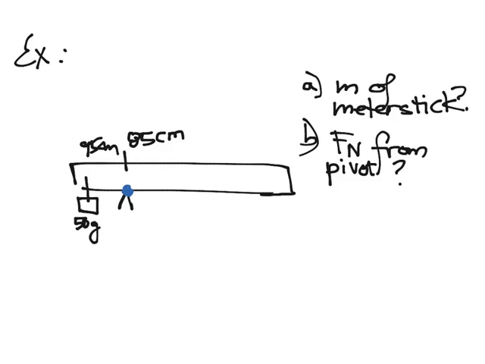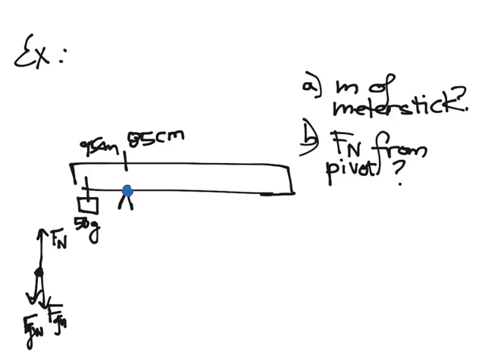Alright, so we're going to go ahead and talk about our conditions. We have a free body diagram. We have Fg from the weight, and this is supposed to be a little w. We have Fg from the meter stick, and we have Fn upwards. Okay.